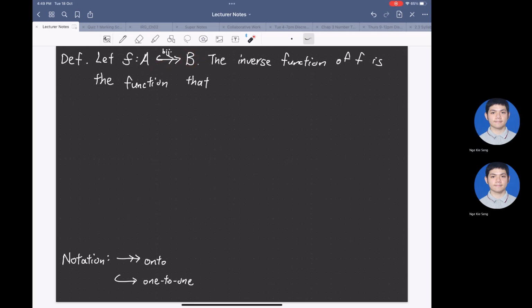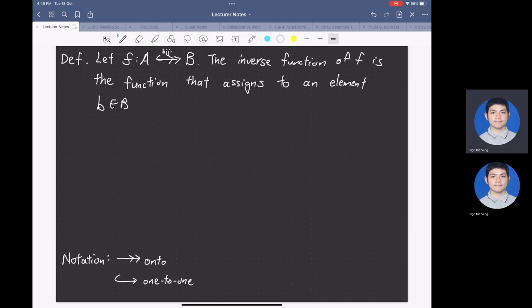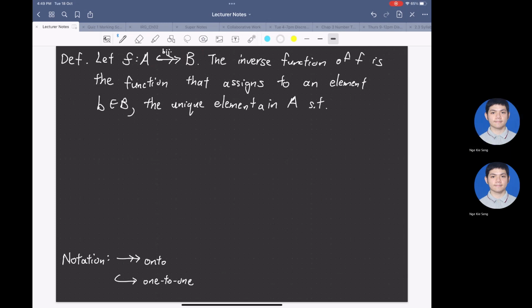You should think: f is a function that assigns to an element b in B the unique element a in A such that f(a) equals b.